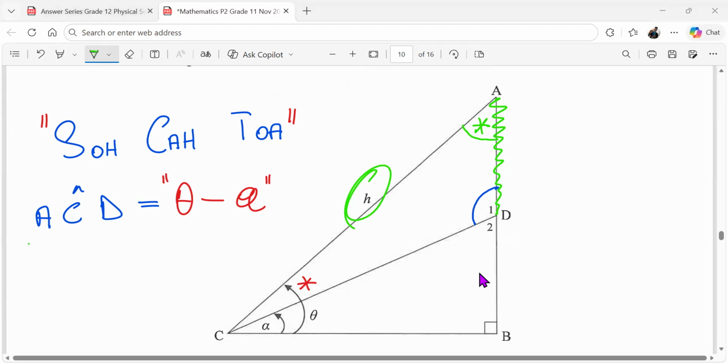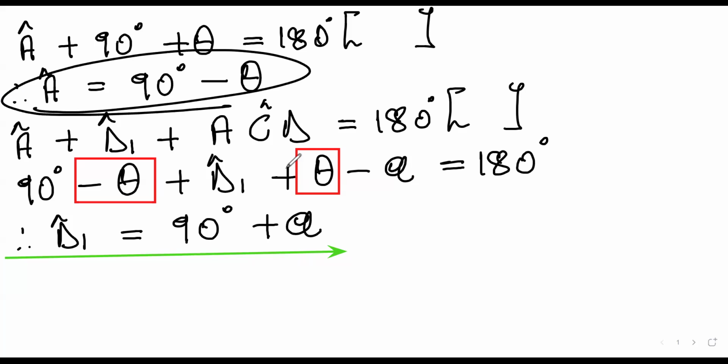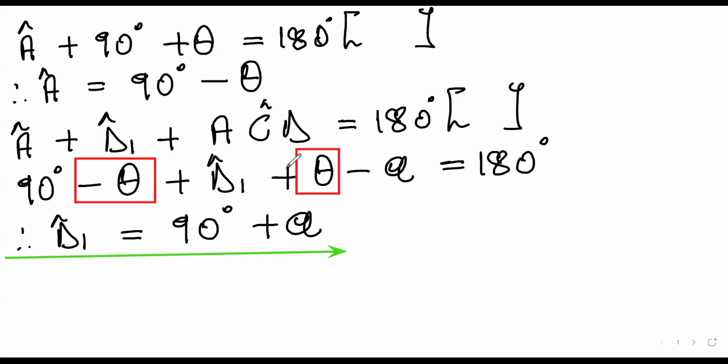And we know the size of angle A. We did find it in the previous question, but we found it in terms of theta. And we said angle A is 90 degrees minus theta.